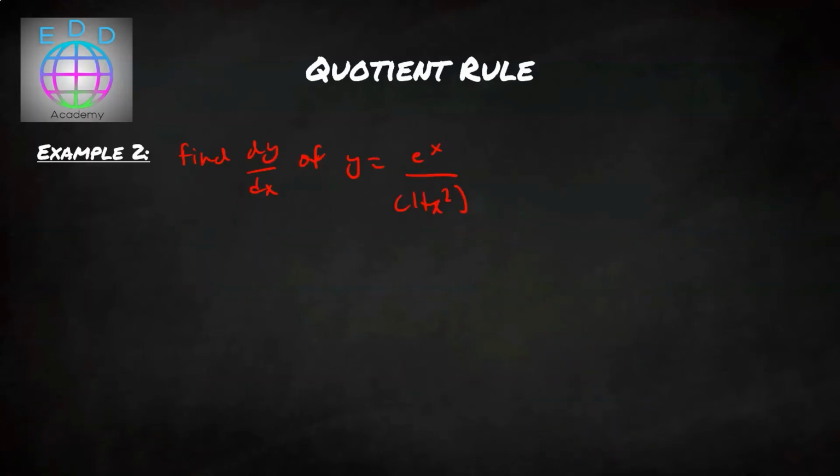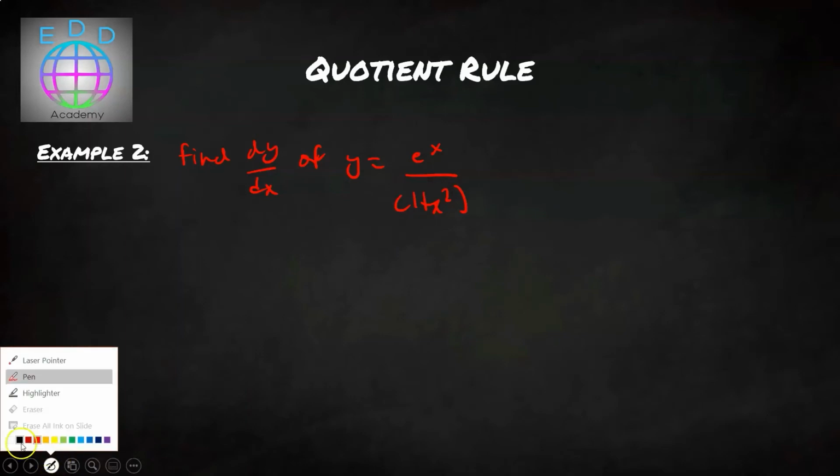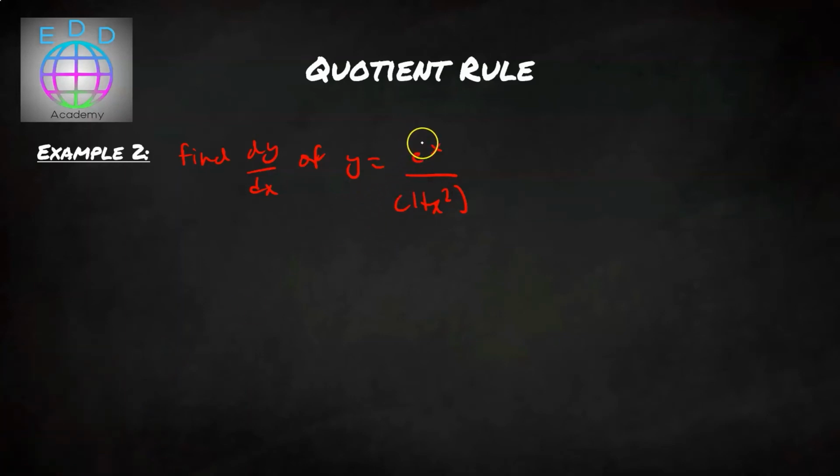So this is the final example of the video, example 2, and it asks us to find dy/dx if y equals e to the x over 1 plus x squared. Clearly, this is the derivative of a quotient, e to the x over 1 plus x squared, so we use the quotient rule.